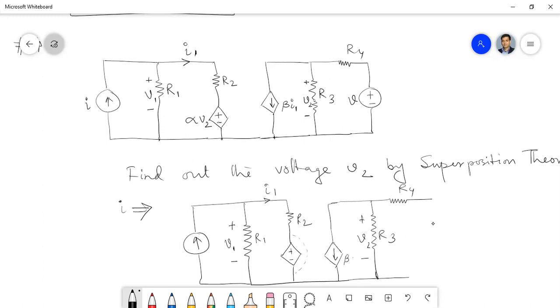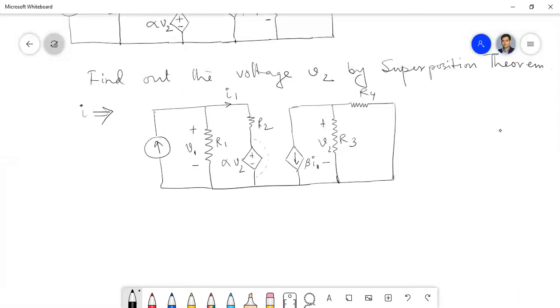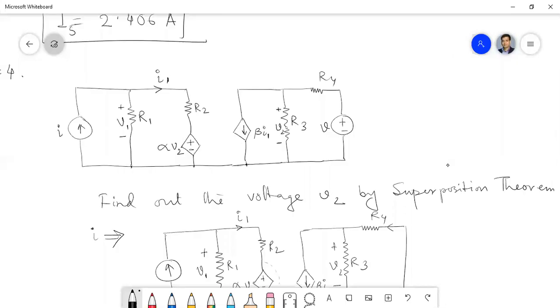They should be there in the circuit as they are. So therefore, I am discussing this problem. You cannot make the dependent sources off. Only the independent sources you can make off. So this current is I2, I forgot to draw it. So this is I2.